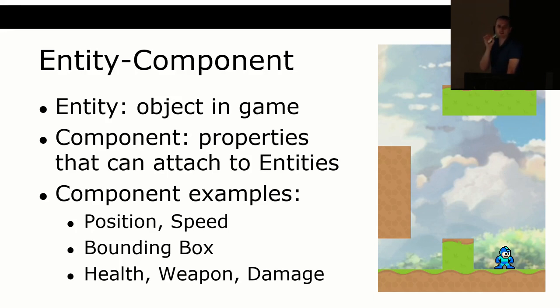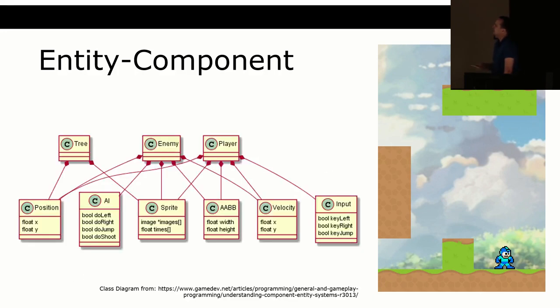All of these things are components. And so what we have then is a collection of these components, and then we build entities from those components. So rather than having this hierarchy of different things, what we have is a more horizontal type of architecture.